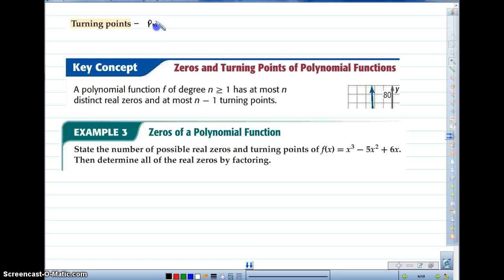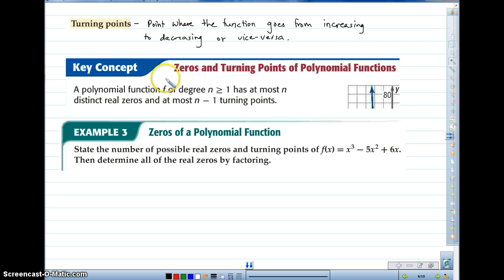So it's the point where the function changes from increasing to decreasing, or vice versa. You may notice, if you think about it, this is the same locations as our extrema. Those are the turning points of the graph.